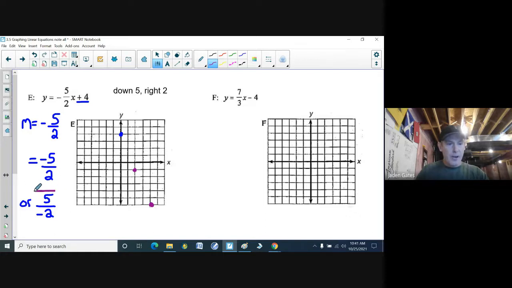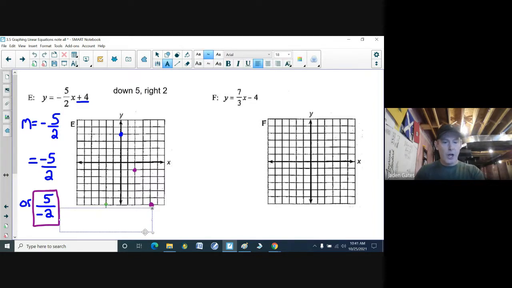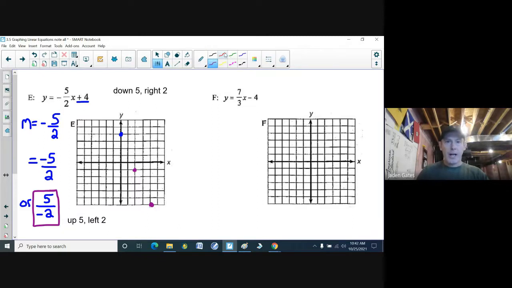But watch this. See this other pattern? This could have worked too. This was my right to left pattern where it says go, it was a little bit different, where it says go up 5, but yet left 2. And watch how that would work. Again, if I started, say, at this point right here in red, left 2, 1, 2, up 5, 1, 2, 3, 4, 5.